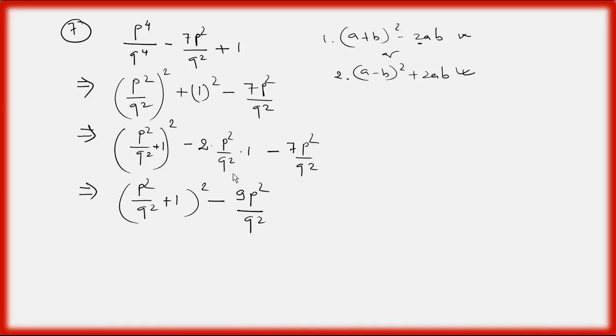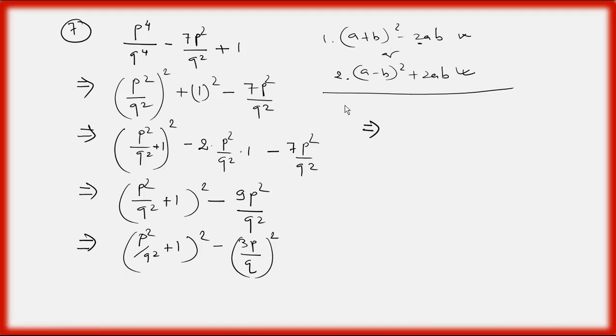It is 9p²/q². Only the numerator you can add, the denominator stays the same. That is a simplification of the fraction. (p²/q² + 1)² minus (3p/q)².